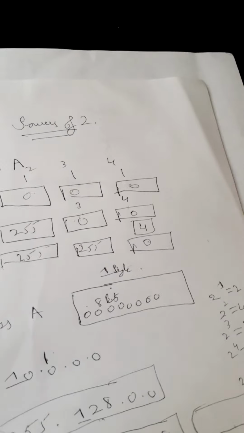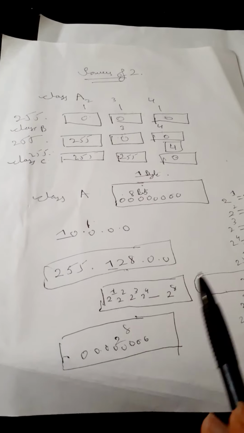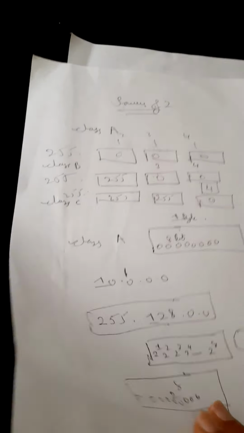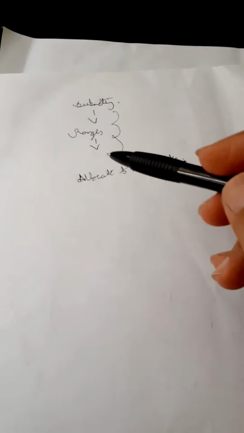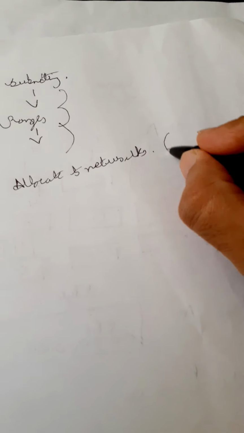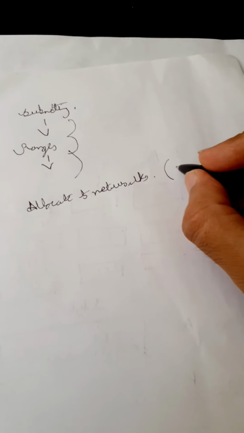Simple as that. We do subnetting, as we are doing here, learning the logic, and after we find the specific ranges, we allocate them to networks. Allocating to networks is a part which we are not doing at the moment.